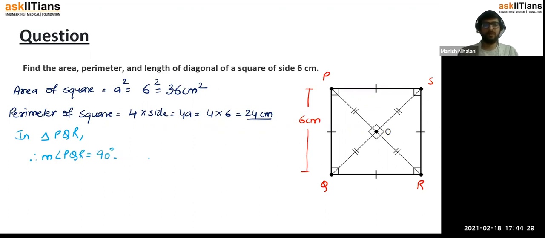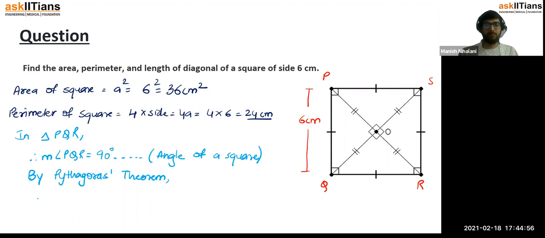The reason is that each angle of a square is 90 degrees. Which means in this triangle, we can use Pythagoras theorem. We all have studied what Pythagoras theorem is. So by Pythagoras theorem, PR squared would be equal to PQ squared plus QR squared.